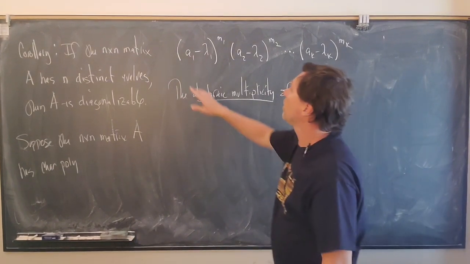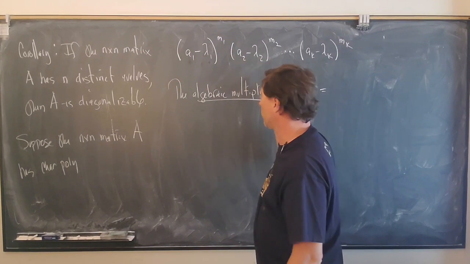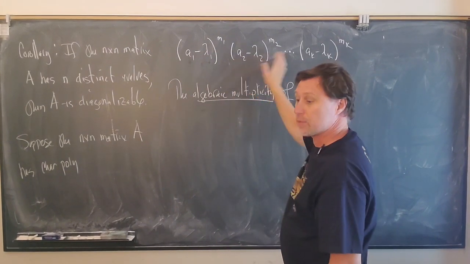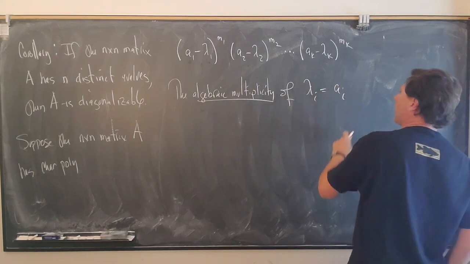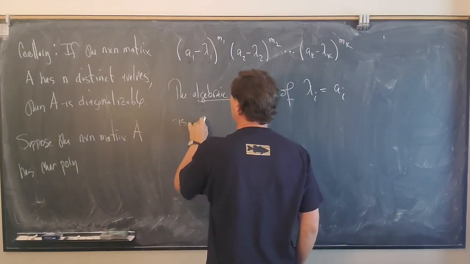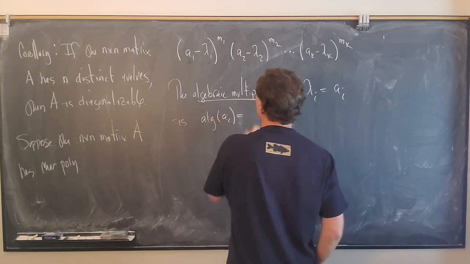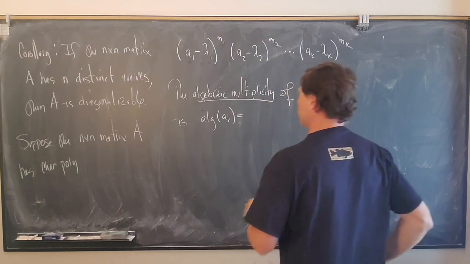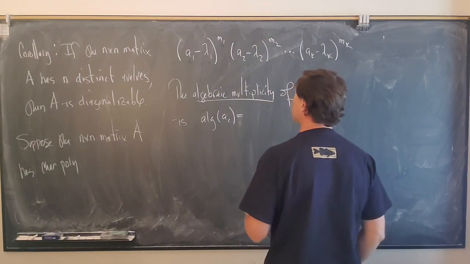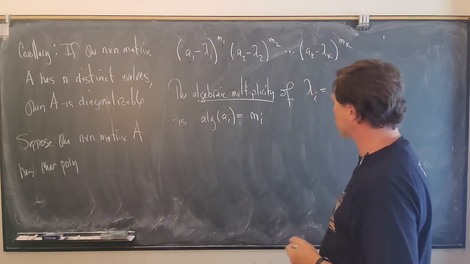Notice, for example, the first eigenvalue is a sub 1, right? Because a sub 1 is a root of this polynomial. Second eigenvalue is a sub 2, and so on. We write it ALG of a sub i, and it equals the power that you see appearing in the polynomial. So algebraic multiplicity of a sub i is equal to m sub i. Right, so there's the algebraic multiplicity.